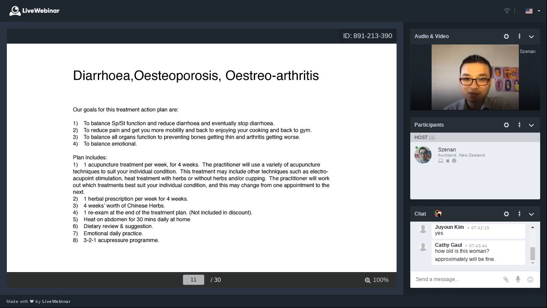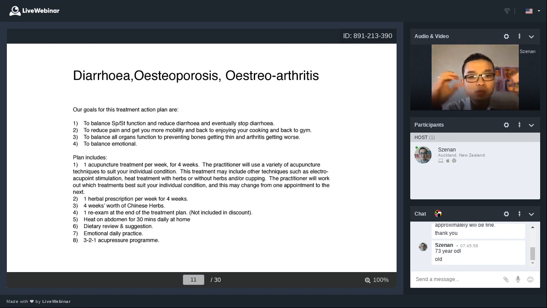The symptoms are similar, so I don't actually recall how old they are. And she's 73. Okay, she's 73 years old.